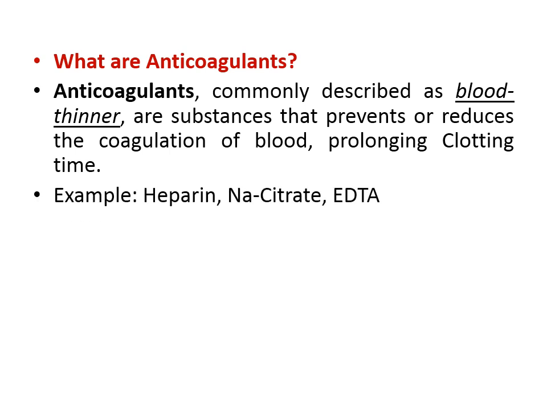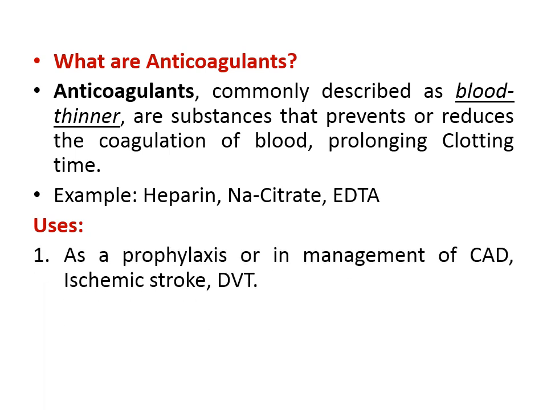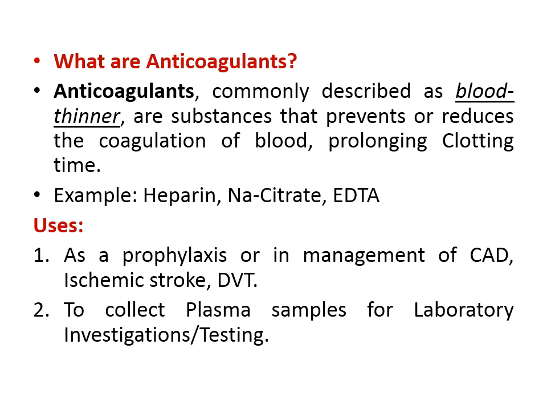Heparin, sodium citrate, EDTA. Now, what are the uses of anticoagulants? They are used as a prophylactic measure or in management of coronary artery disease, ischemic stroke, deep vein thrombosis, and they are used in the laboratory to collect plasma samples for some investigations and testing.